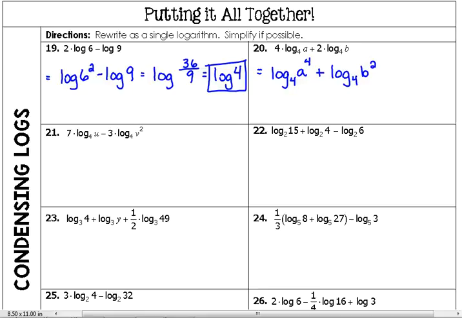This time we're adding 2 logarithms. How do we make that a single logarithm? Multiply. A to the 4th times B squared. They have different bases. We can't do anything else to it. That's it. Log base 4 of A to the 4th times B squared.